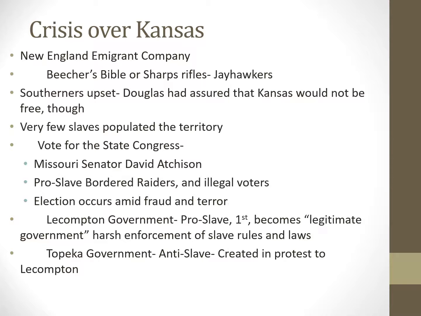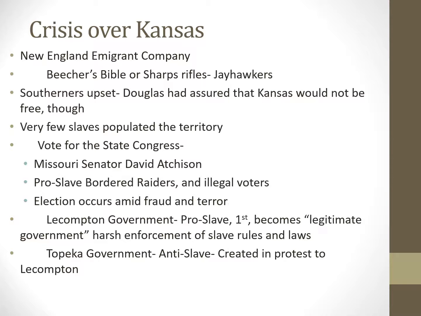So what the northern anti-slavery forces were trying to do is they wanted to increase the anti-slavery population to such a degree that when the state began to organize its government, they could elect anti-slavery people to the government, and those anti-slavery people could then effectively, through popular sovereignty, which means that the people should be able to dictate the choice, free or slave, of their state, vote to move Kansas out of the southern slave support area.